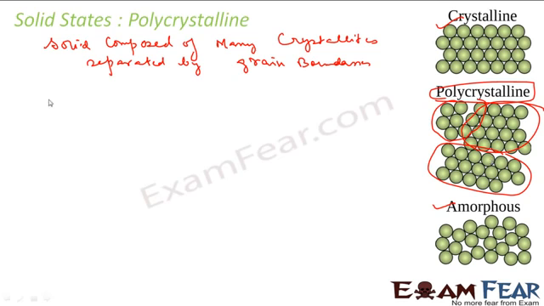Almost all common metals fall in this category, and some polymers also fall in this category. For example, sulfur occurs as polycrystals. It also occurs as a single crystal. It also occurs as amorphous. So sulfur exists in all three forms.